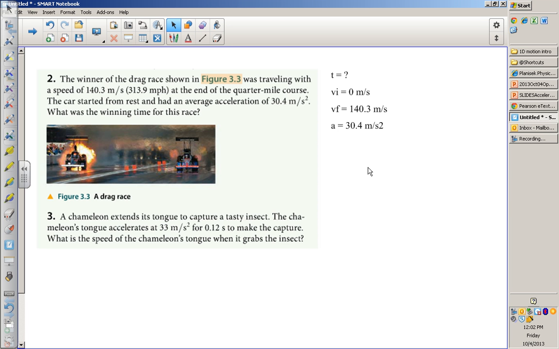And then manipulating that equation to get what we were solving for by itself, it would look like that, which is written on the board and not on the screen.